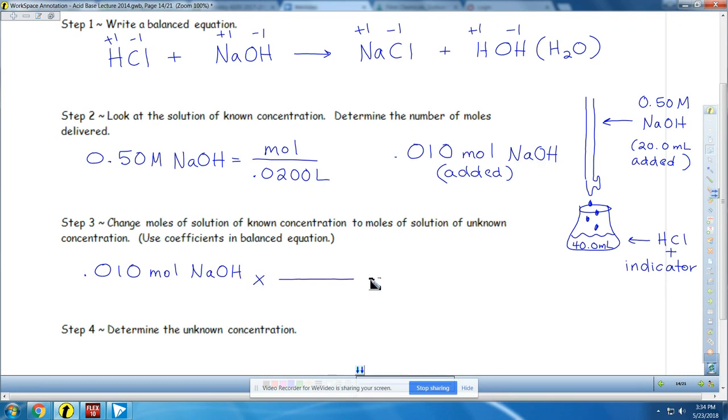And so if I know I'm at the stoichiometric ratio, I can cancel moles of the known concentration and switch it to moles of the unknown, which in this case is super easy because it's a 1-to-1 ratio. So if it's a 1-to-1 ratio, you might not even write this step on paper. It's just the same. 0.01 moles, but now it's HCl.